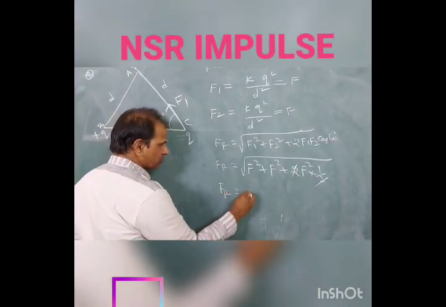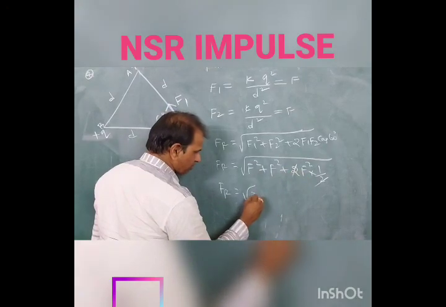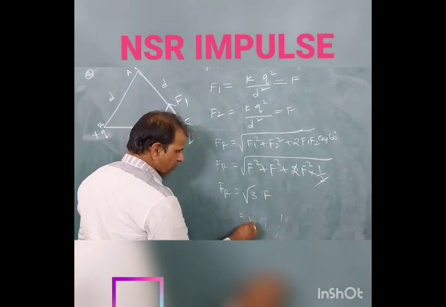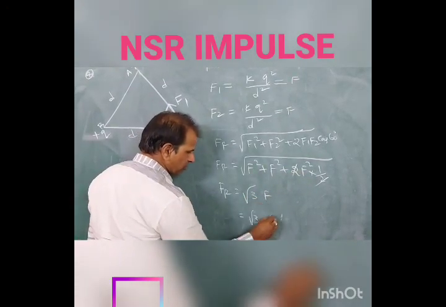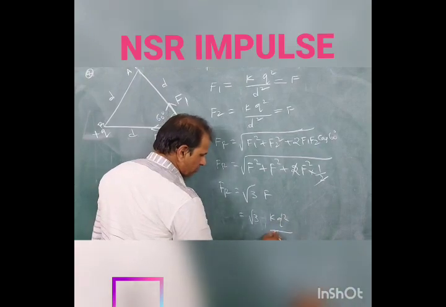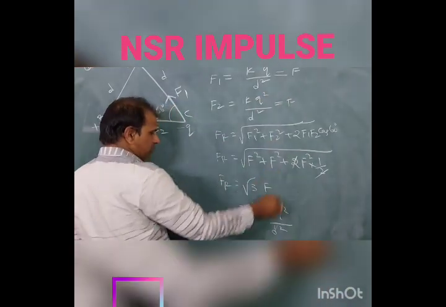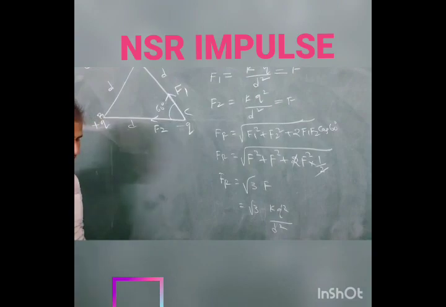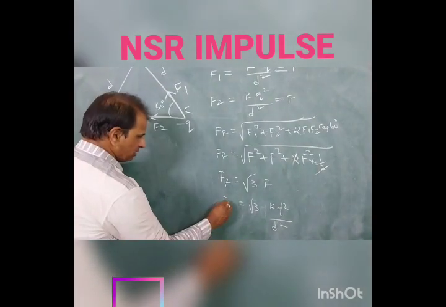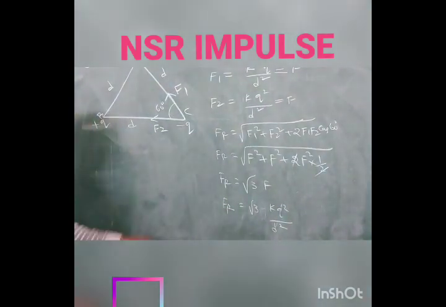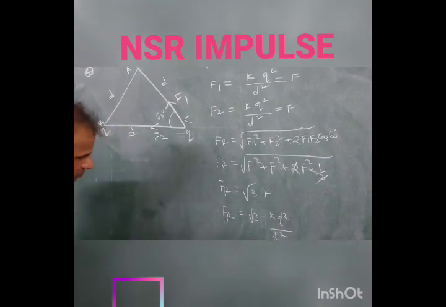So the resultant force is the square root of F square plus F square plus F square, that is root 3 F, into K Q square by d square. This is the resultant force acting on the negative charge.